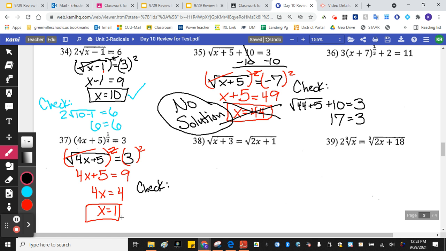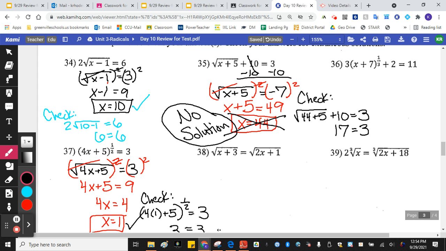And then we're plugging in 1 to my equation to make sure it's equal. 4 times 1 plus 5. I'd put that all in a calculator. It's true. 4 times 1 is 4, plus 5 is 9. The square root of 9 is 3. There you go.